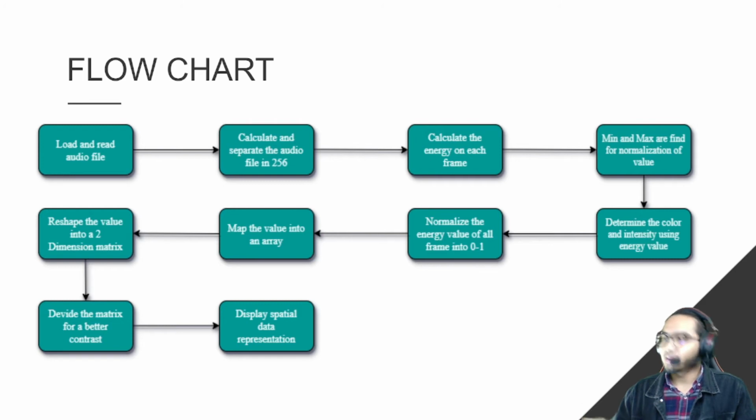Then normalize the energy value of all frames into 0 to 1, map the value into an array, and reshape the value into a two-dimensional matrix. After that, I will divide the matrix for a better contrast, and the last part is to display the spatial data presentation.